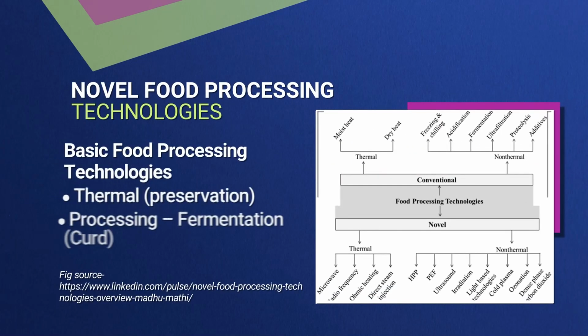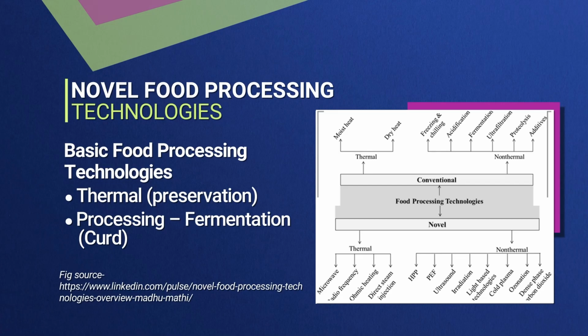If you look at the basic food processing technologies which you have been taught already, there is a conventional method which is temperature based. That is called thermal processing of food. It gives preservation to the food. Otherwise, you would have also seen some other processes, low temperature applications, fermentation of food products like curd.